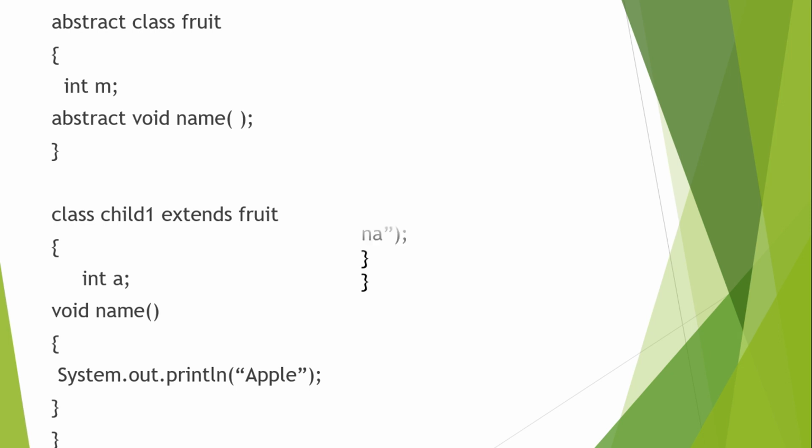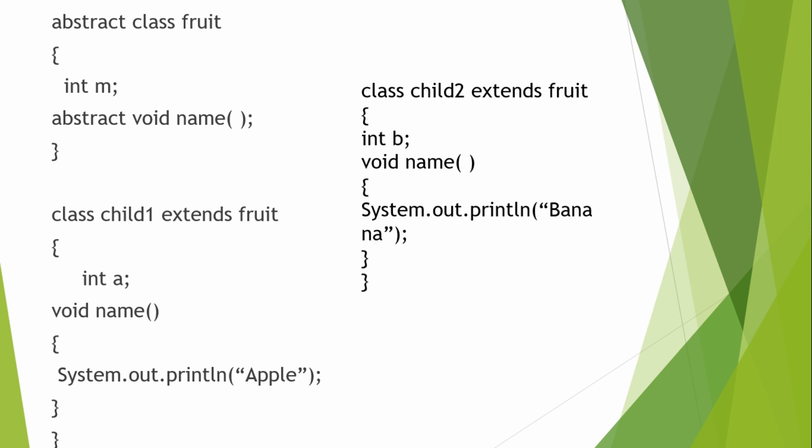Now another class, child2, which is also inheriting the Fruit class. As I told, I have to create the method body of the base class's abstract method in the child class. If the method is an abstract method, I have to create the body in the child class. If the method is a normal method, it is okay; it is totally your choice whether you want to use the method or not.